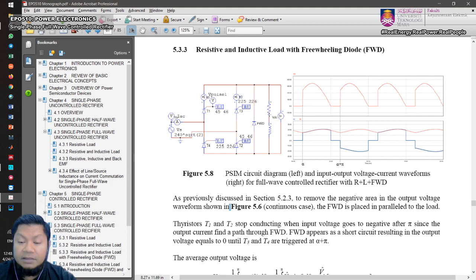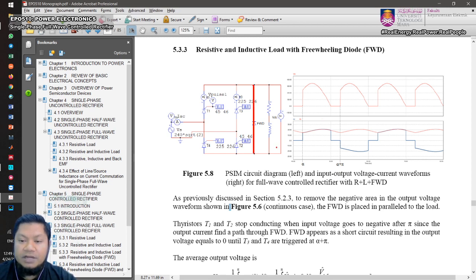You're going to put it in parallel, and therefore during the negative half cycle, just after that point, we still have current flowing, isn't it? Now the current will force the diode to be turned on. So instead of flowing in that direction, the current will now follow this path through the freewheeling diode. So the diode will be turned on and it will appear as a short circuit, isn't it?